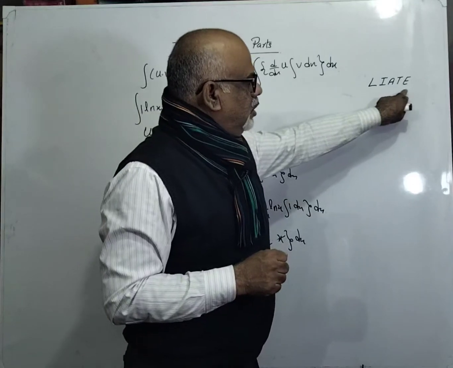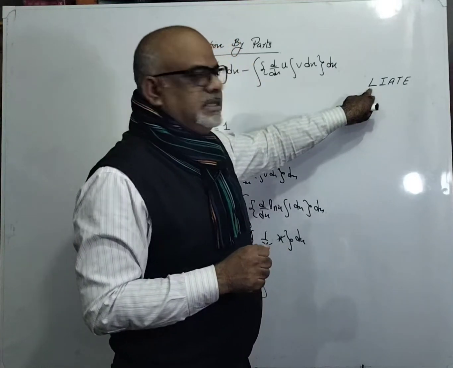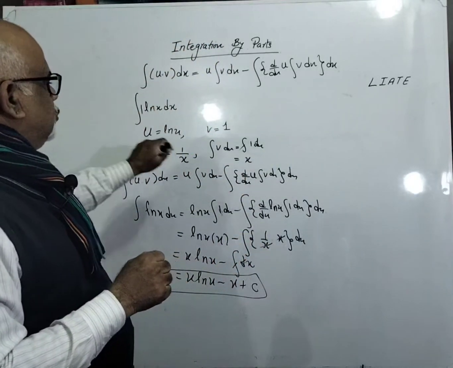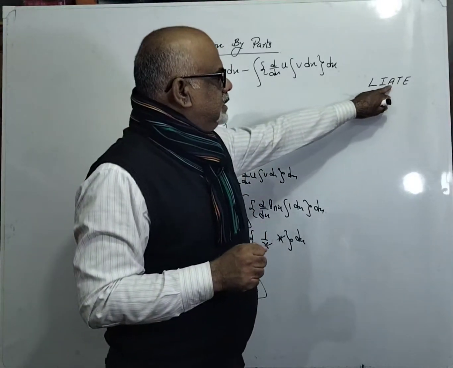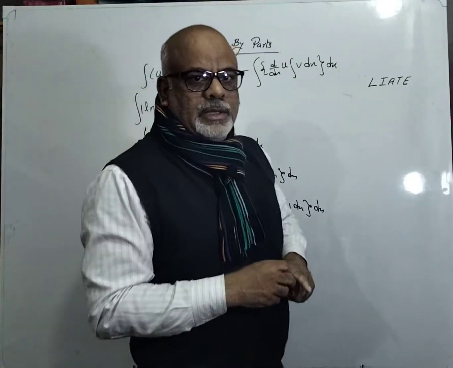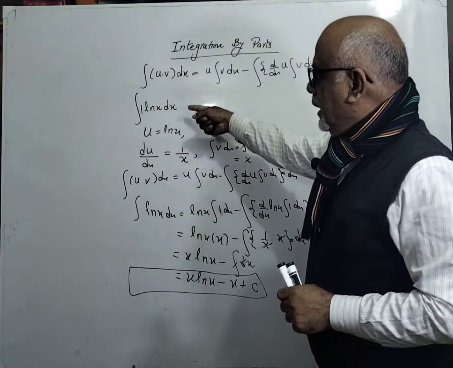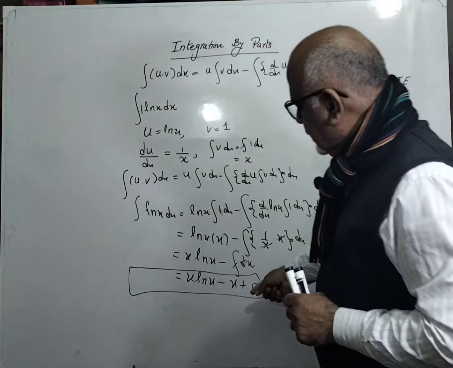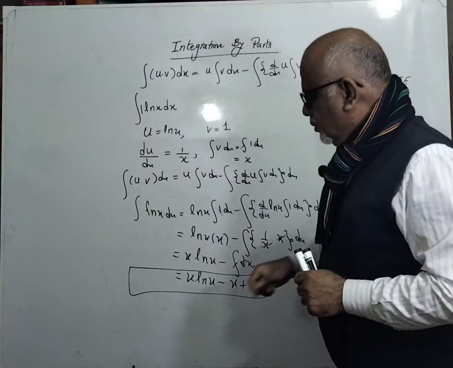According to the order of LIATE, L is in the first position, so we take ln x as u, and v is the algebraic function, so we take 1. So this is the integration when one function is given, and how we have to apply the by parts there. This is the final solution here.